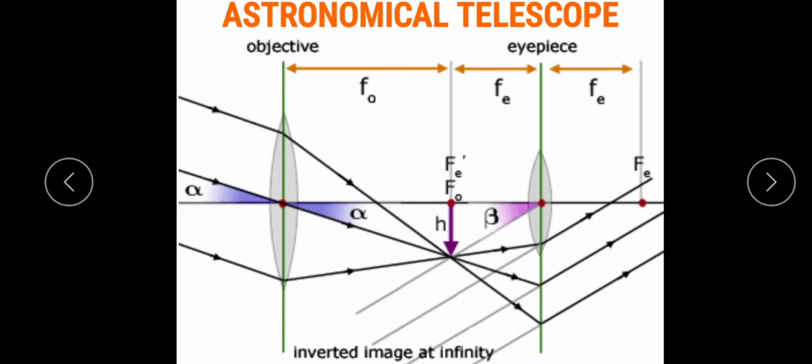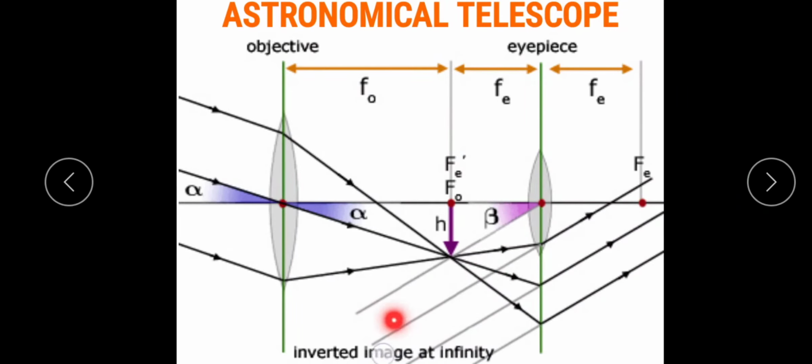In the normal adjustment of the telescope, the final image is formed at infinity. So during the normal adjustment, you get the image at infinite distance, which is why the rays are parallel.